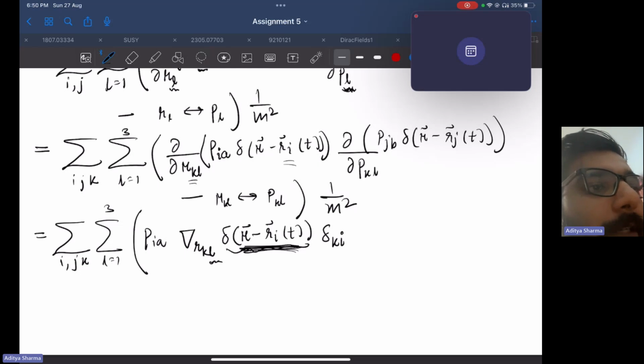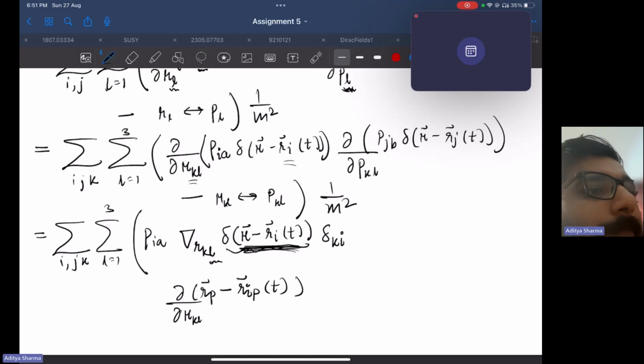When I take the chain rule, I have to do this thing, R_KL, R vector minus R_i of P, but I should do this for every P, right? Because P is all the dimensions.